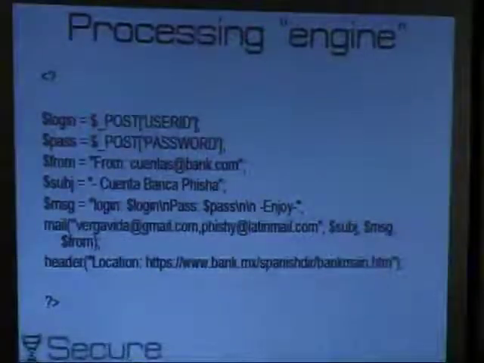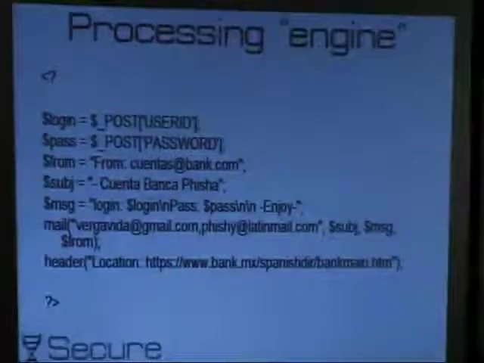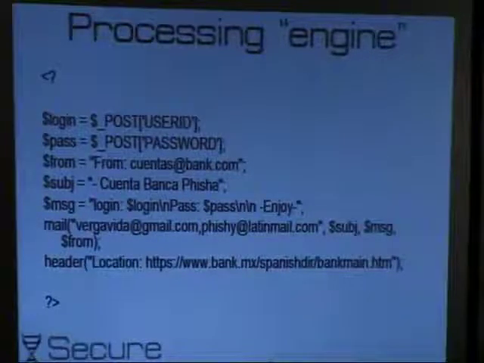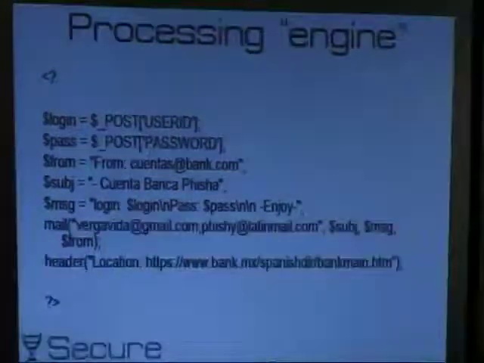This is usually processing.php. Pretty generic. This group looks like it was from Mexico. And then you've got they're emailing it to a couple different places. This is what I mean by when they put the covert mail to statements in here. This is probably just a small team that are sharing email addresses. And then once they capture your passwords, they redirect you to the actual bank.